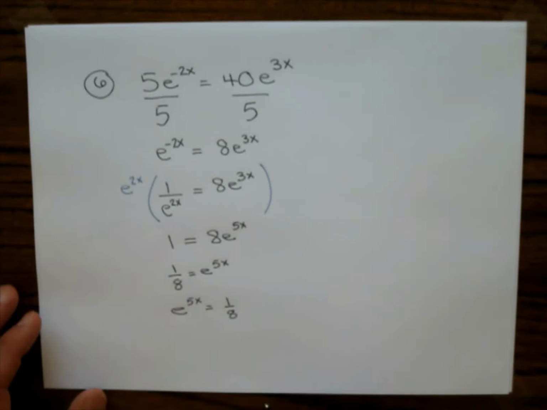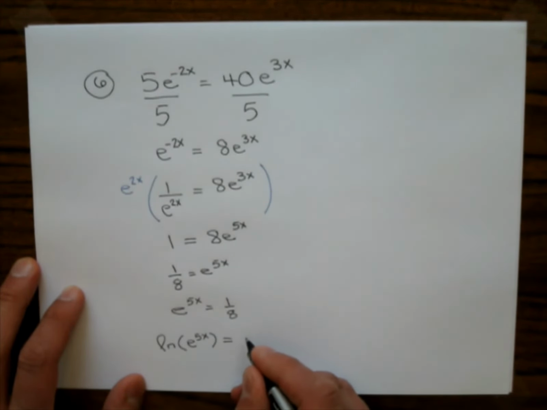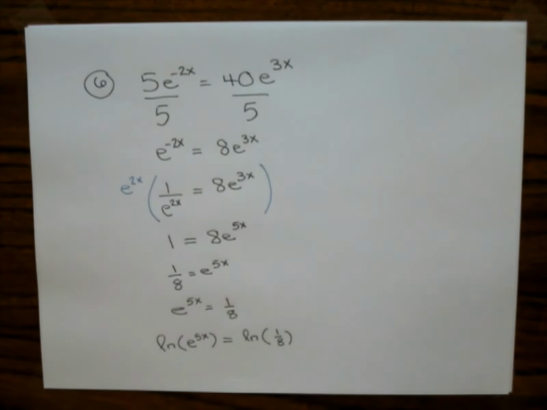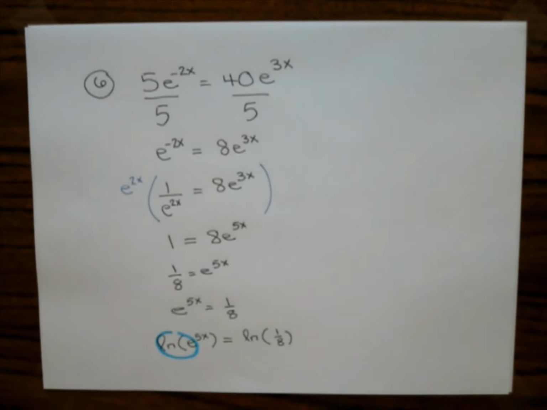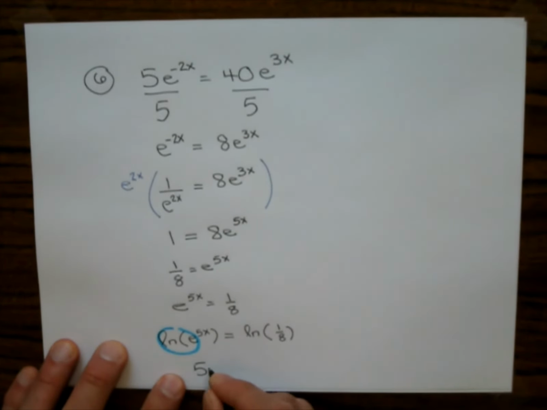And then I'm going to ln both sides. ln e to the 5x, which you know that thing's going to go pop. And then we have ln 1/8. So I have 5x equals ln of 1/8.